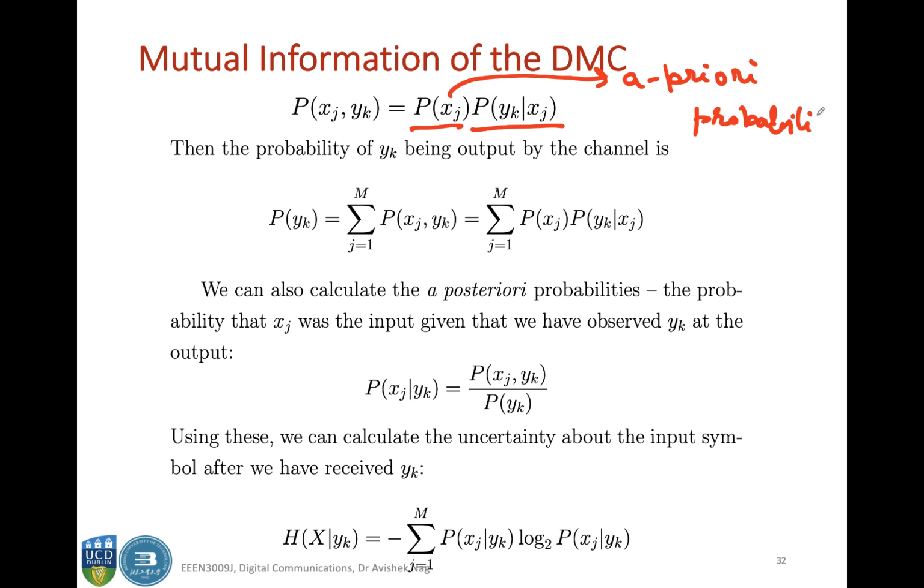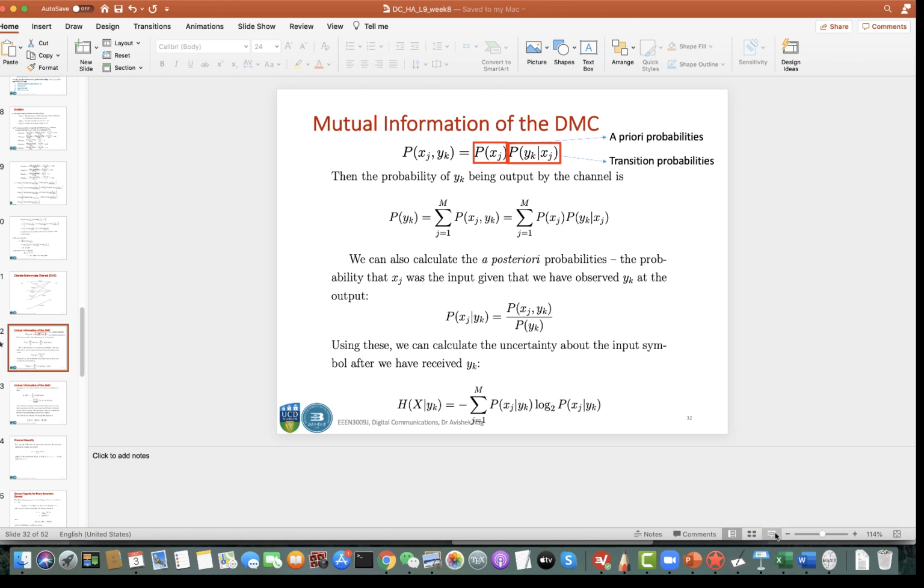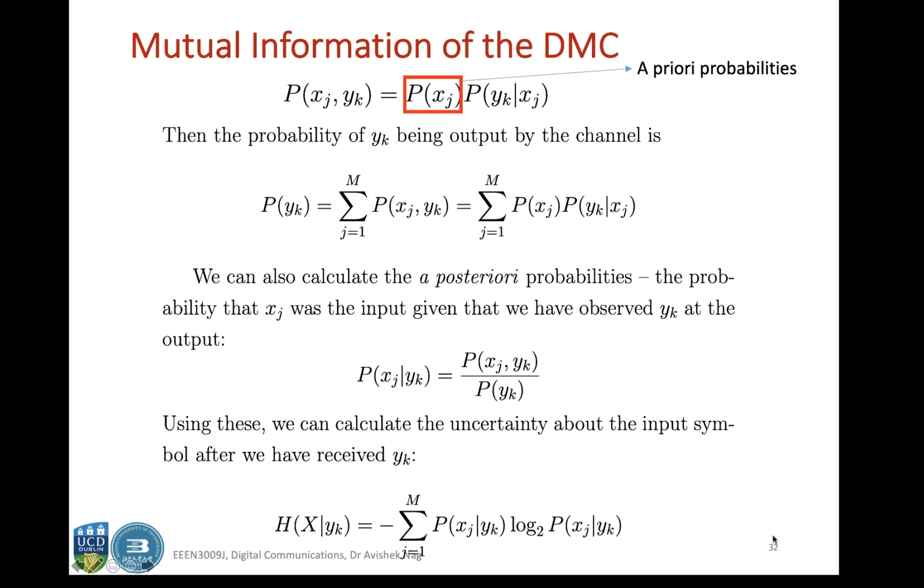So these were known, and also these are the channel transition probabilities that define the discrete memoryless channel. So these are also known. And given these quantities, these probabilities define the discrete memoryless channel.